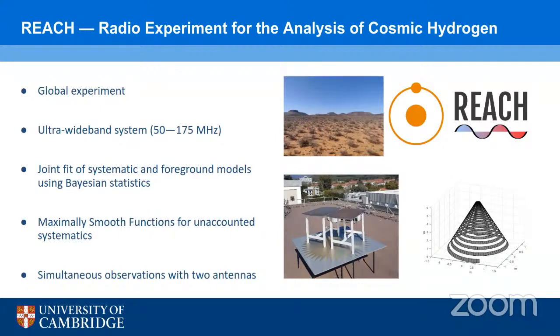On the left is the hexagonal dipole, on the right is the conical log spiral. REACH will be deployed later this year in the Karoo of South Africa, near the HERA site.